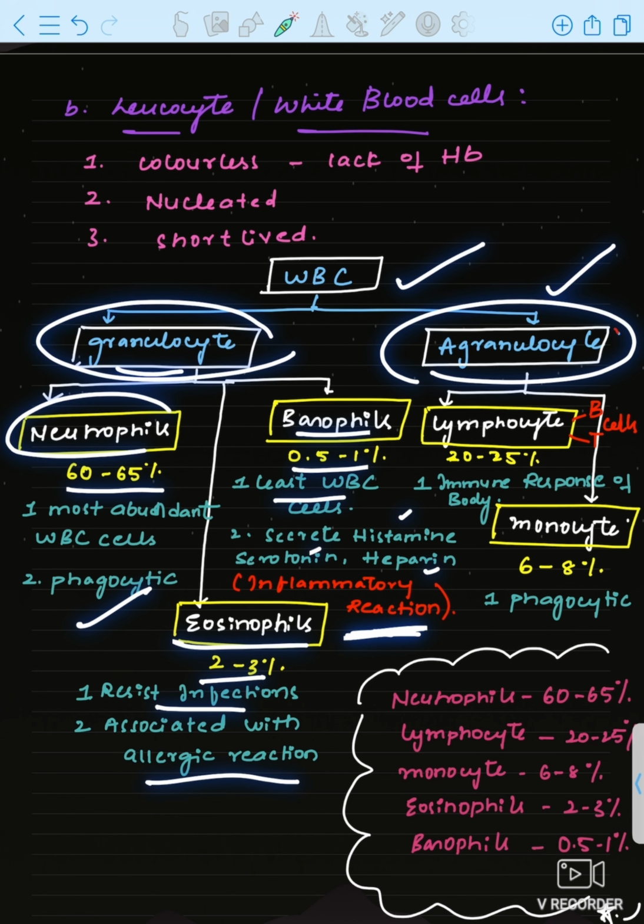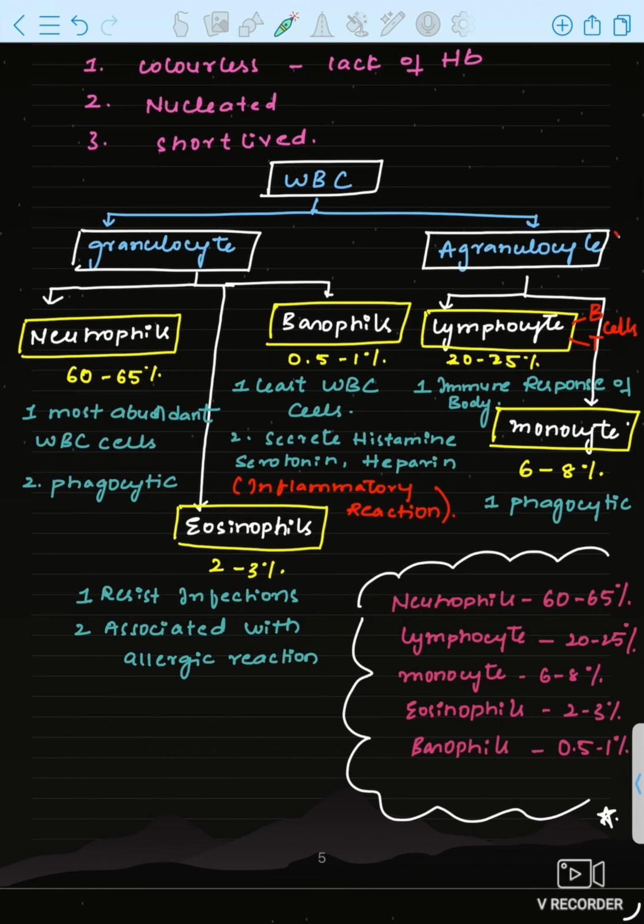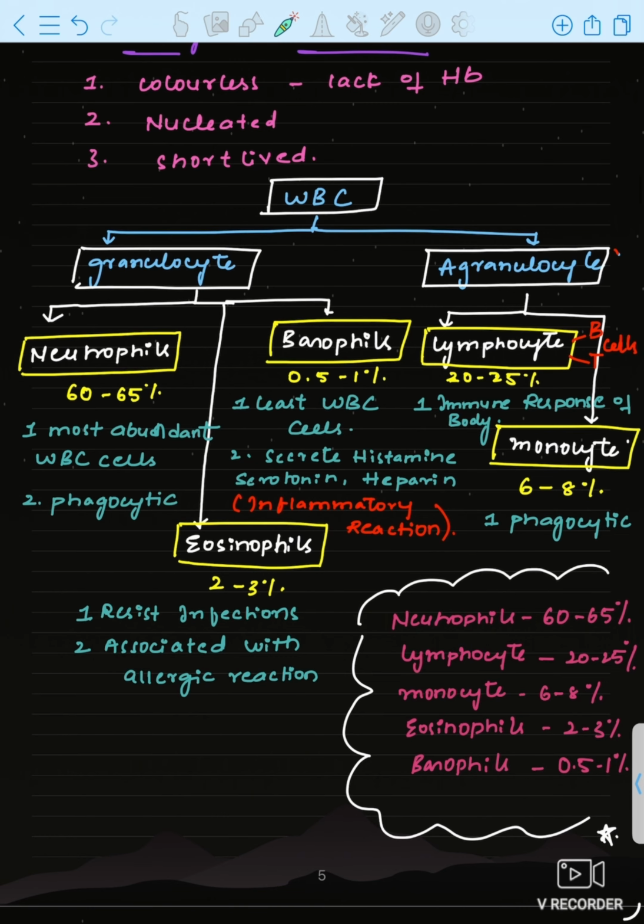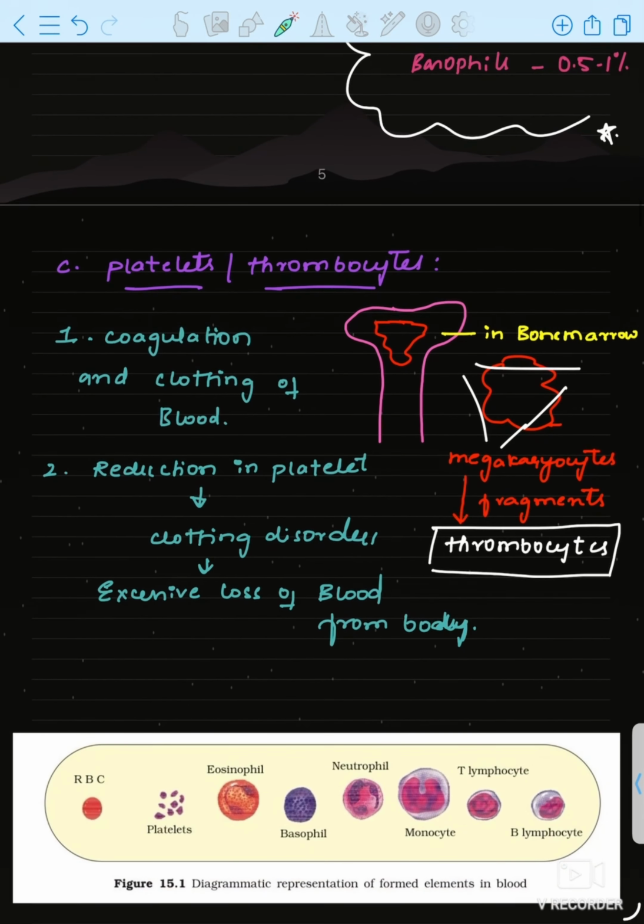In agranulocytes, monocytes are phagocytic, lymphocytes give immune response. This is in descending order in number. For easy remembrance: neutrophil 60 to 65, lymphocyte 20 to 25, monocyte 6 to 8%, eosinophil 2 to 3, basophil 0.5 to 1, the least.